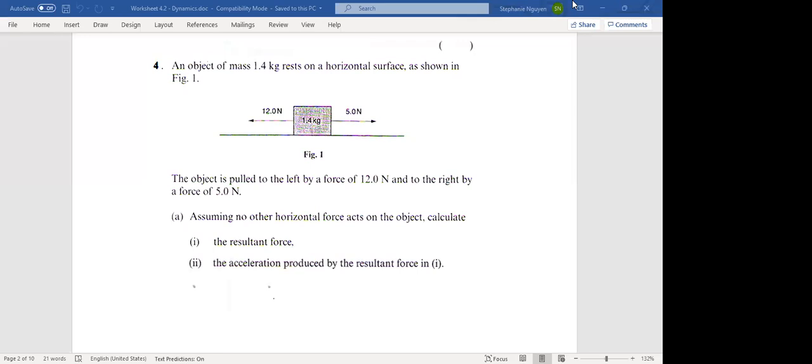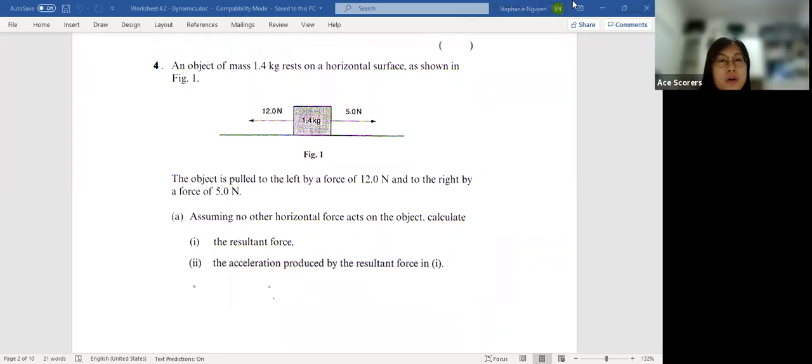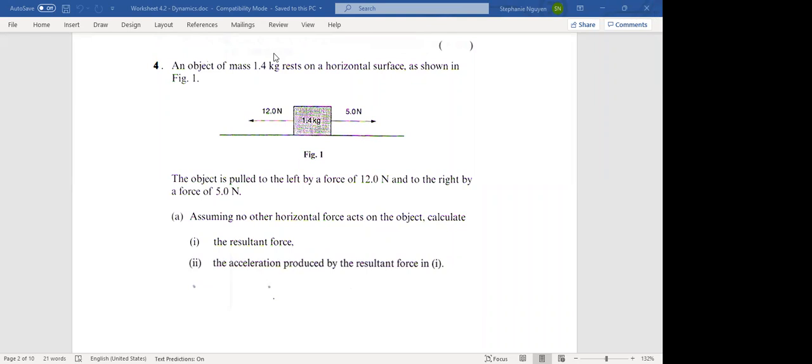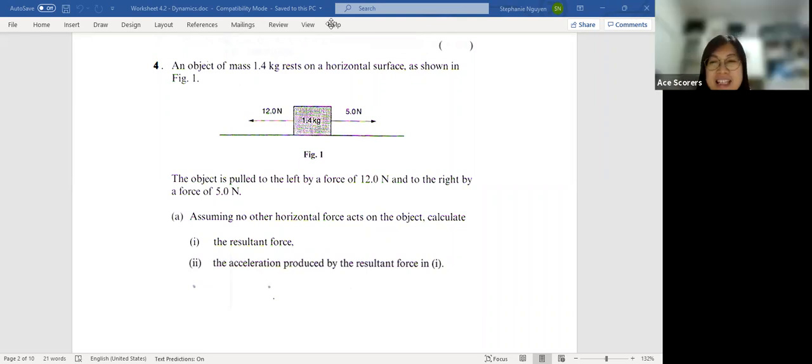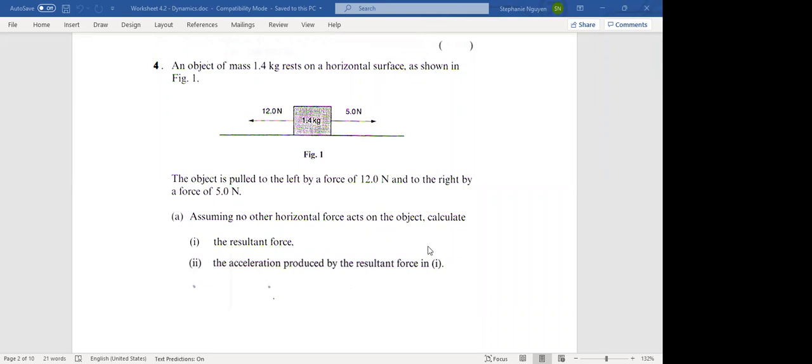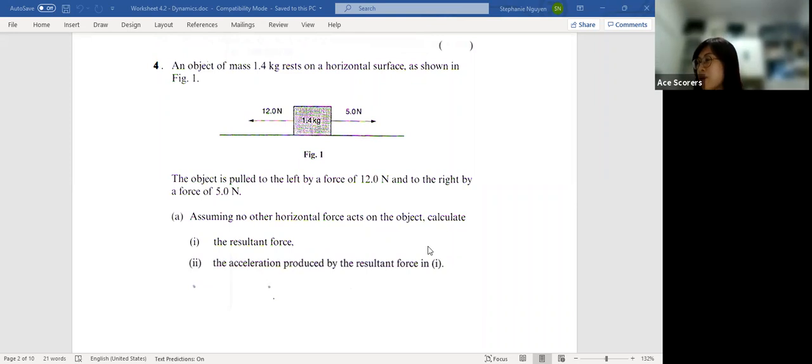But 1.4 is not the force. 1.4 is actually the mass. Sorry, 7 divided by 1.4. Yeah, that's right. So 7 divided by 1.4, how much would that be?